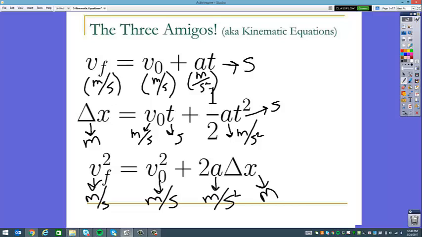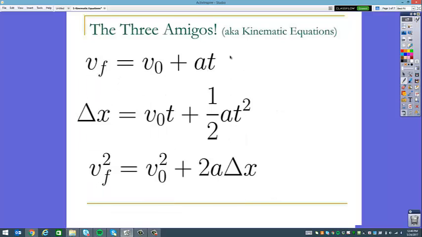So if you look at the first amigo, this has no x. So it has nothing to do with distance or displacement. So if you're looking at a problem and it has nothing to do with how far you've traveled, it's not a given, it's not an unknown, you want to use the first amigo.